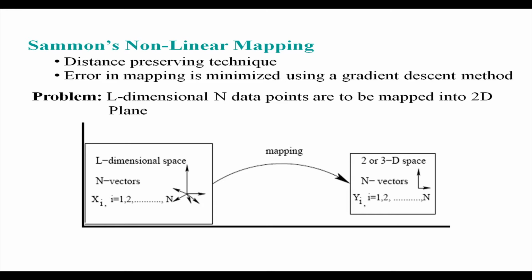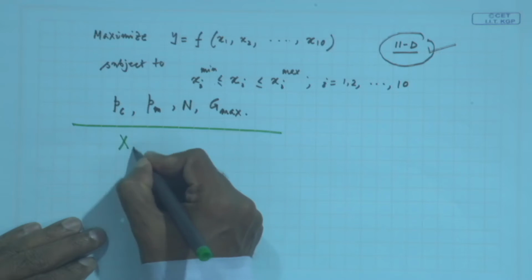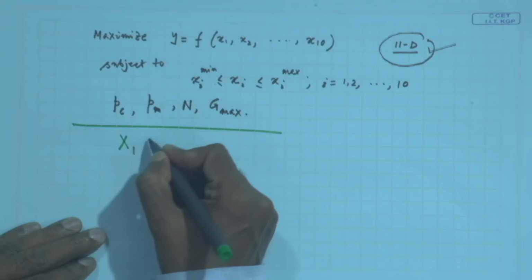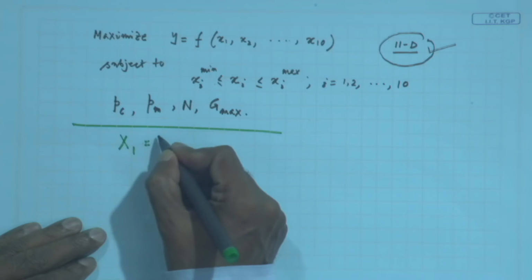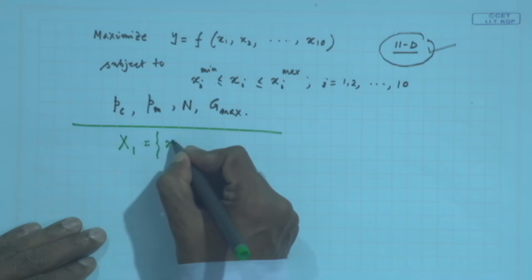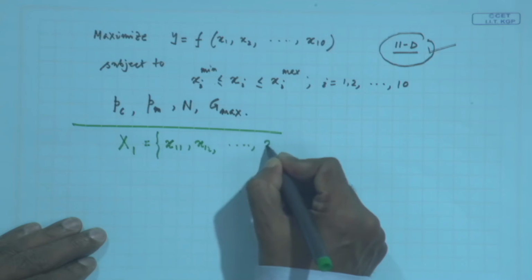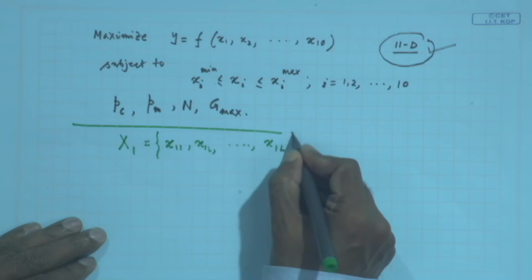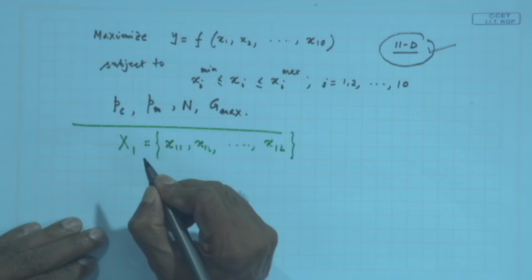Now, if I write it here, it is something like this. Supposing I write a particular solution, say x 1. To represent the data point x 1, I will have to take the help of capital L numerical values, like x 1 1, x 1 2, and so on, up to x 1 L. So, there are L numerical values to represent a particular point in L dimensional space.